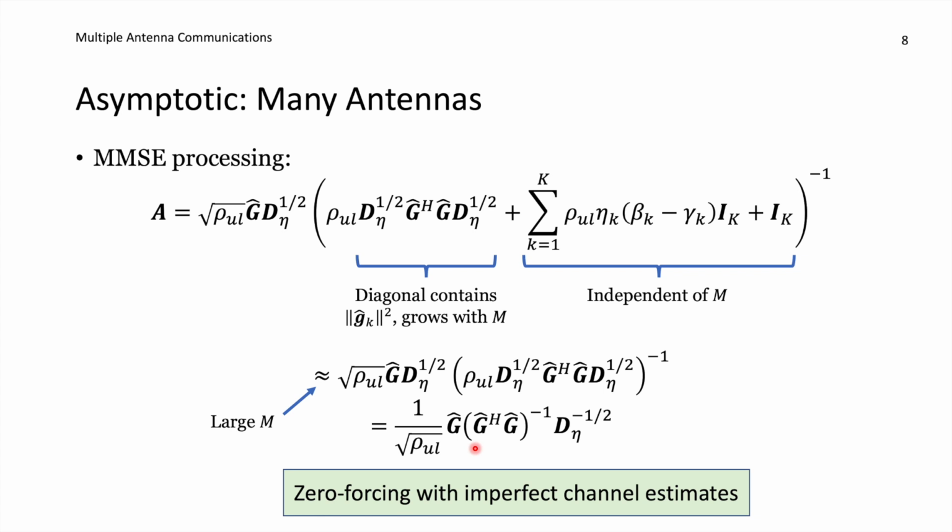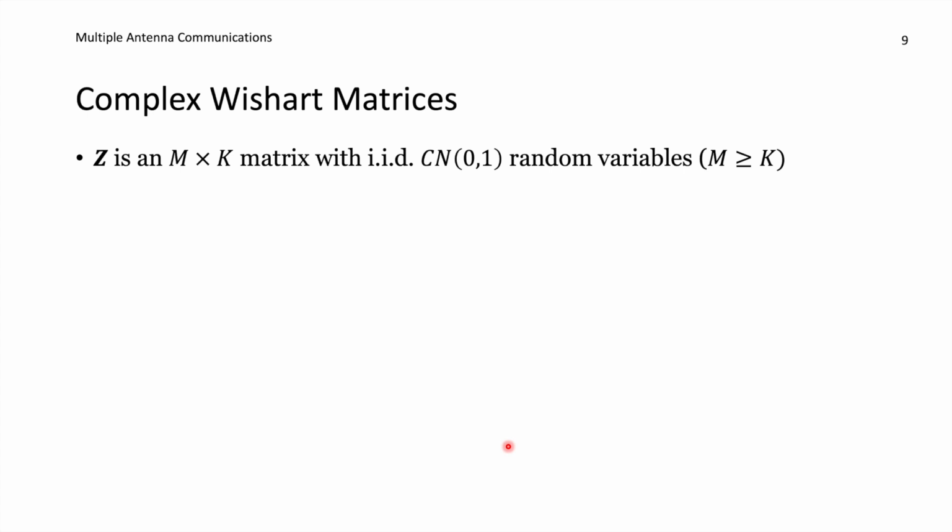The only important thing that we should remember is that this inverse matrix here, which is a K by K matrix, where we are multiplying an M by K matrix with each other like this, only exists when we have more antennas than we have users. So we need M to be greater than K. Since products of Gaussian matrices are appearing like this, let us consider them in more detail before moving on.